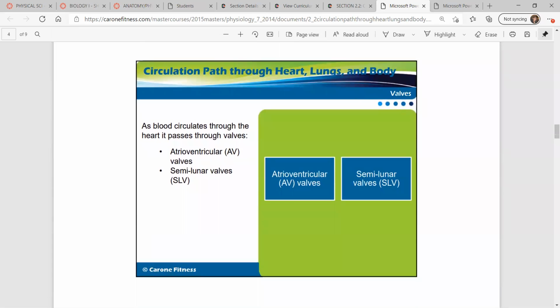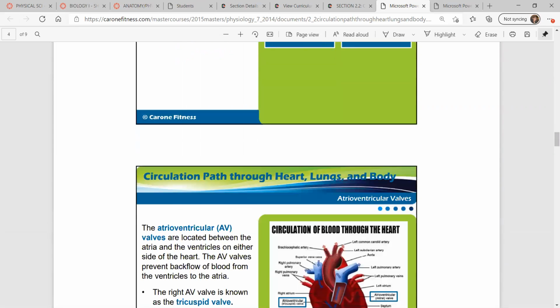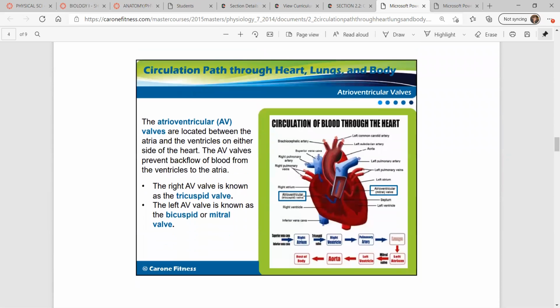As blood circulates through the heart, it passes through valves. The atrioventricular, or AV valves, and semilunar valves, SLV. The AV valves, plural, are located between the atria and the ventricles on either side of the heart.